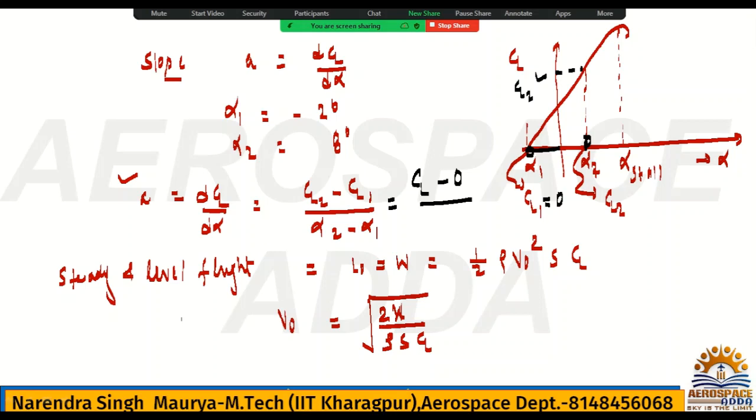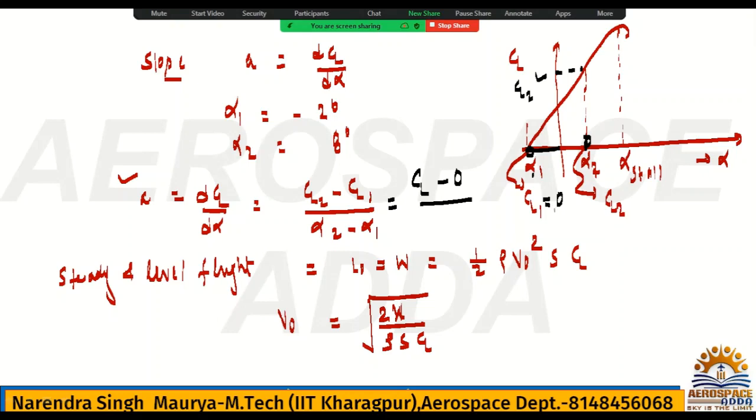In the graph I have explained, alpha 1 is the negative angle of attack, and this value lies exactly on the axis. At alpha 1, the lift coefficient becomes 0, so CL1 will be 0.